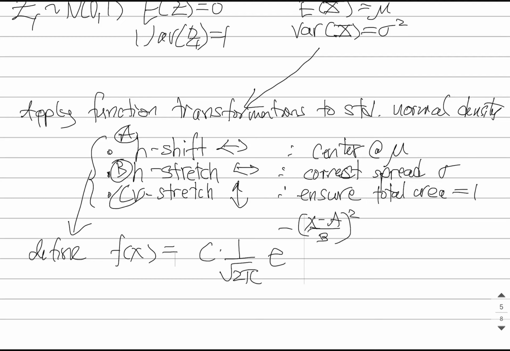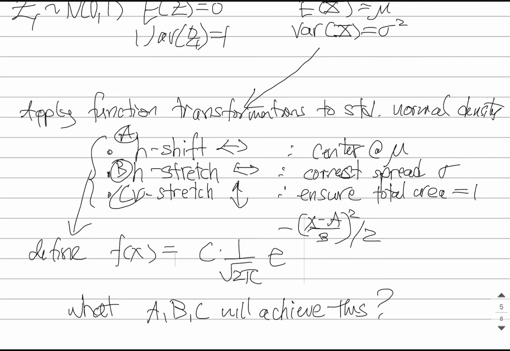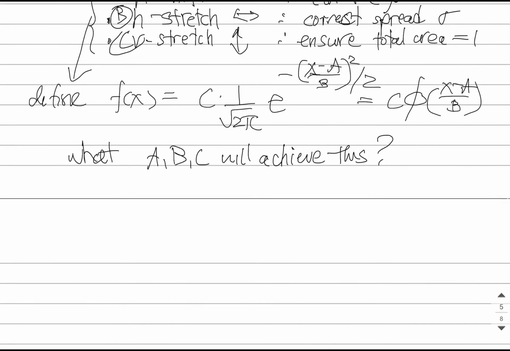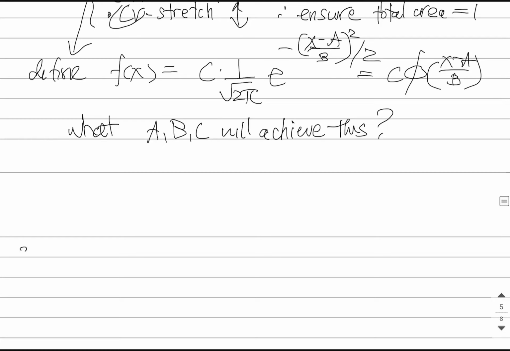And the question that we're asking is, what A, B, and C will achieve the following? Another way to think of this is the standard normal density with these changes applied. And so there are 3 unknowns, and that means we're going to need 3 conditions.